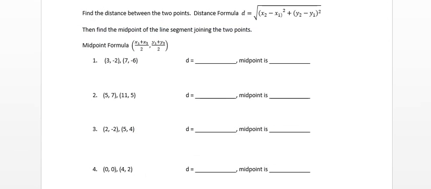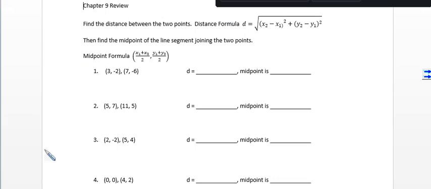For number 3, so 5 take away 2 squared plus 4 take away negative 2 squared.